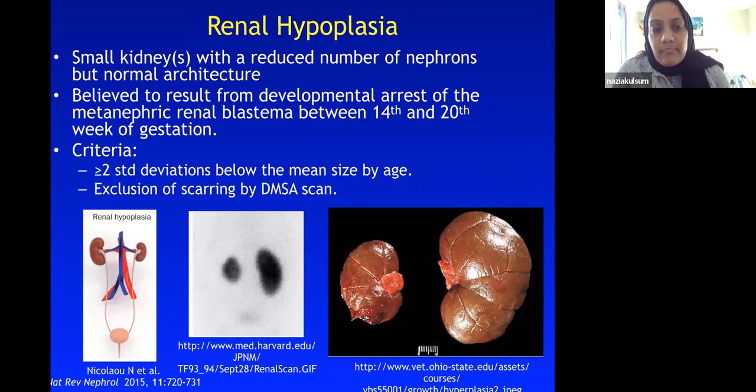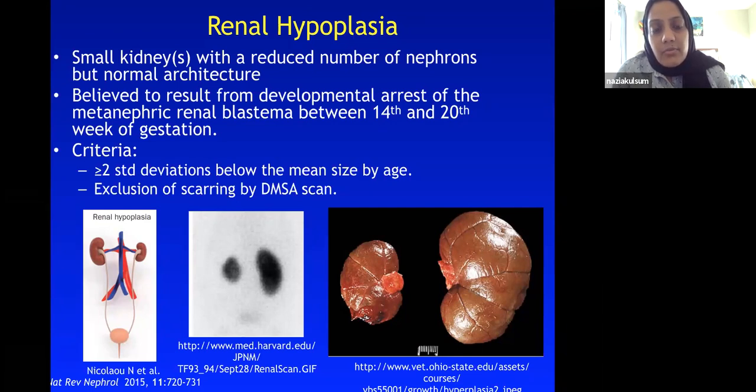And the criteria to diagnose this would be when you do a sonogram and the size of the kidney is 2 standard deviations below the mean for age. So everything in pediatrics is about age and sizes depending on those ages. So we do have normal kidney size measurements based on sonographic measurements for different ages, and that's what we would refer to.